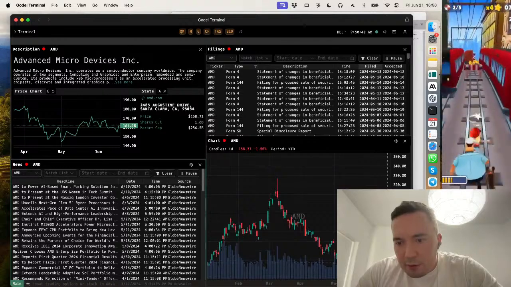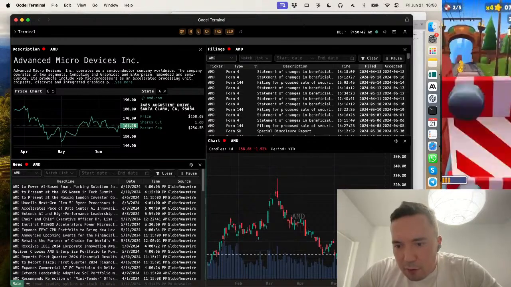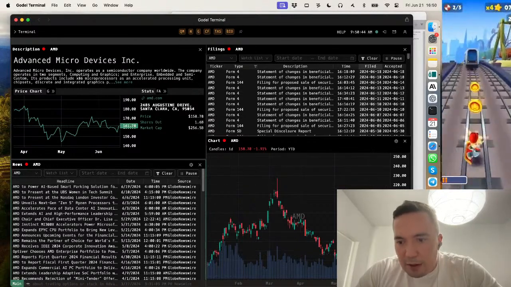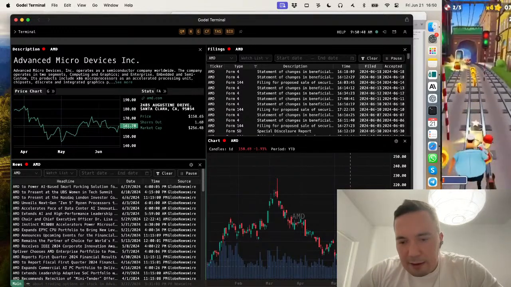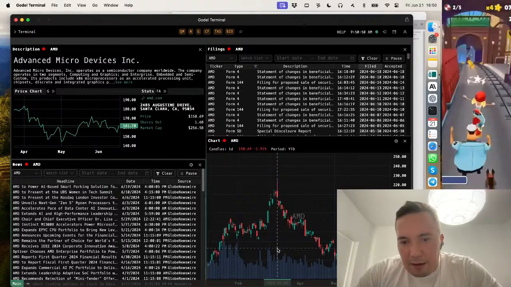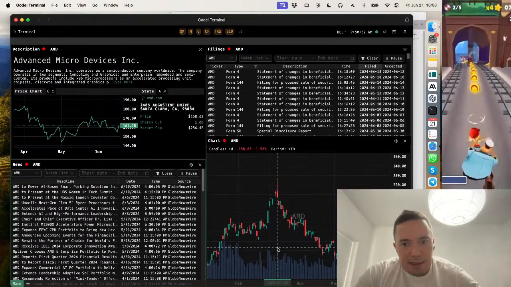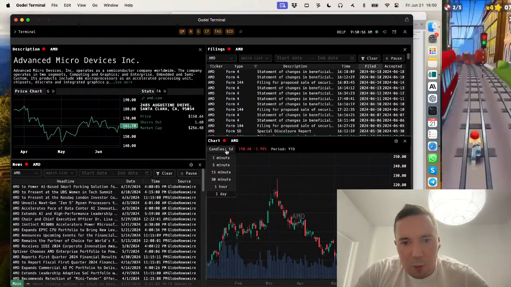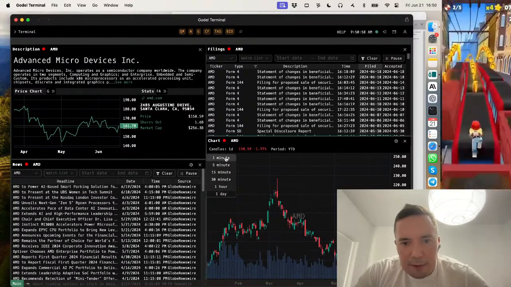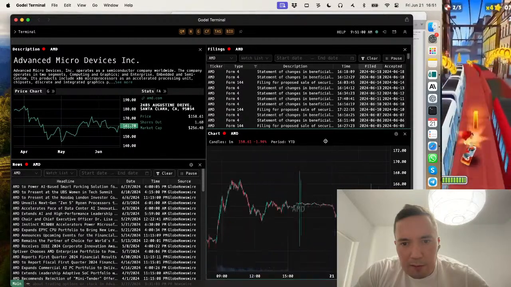In this case, volume is shown in millions of dollars, I think. So how much of the asset changed hands during this 1 day candle. Or we can do 1 minute, probably.